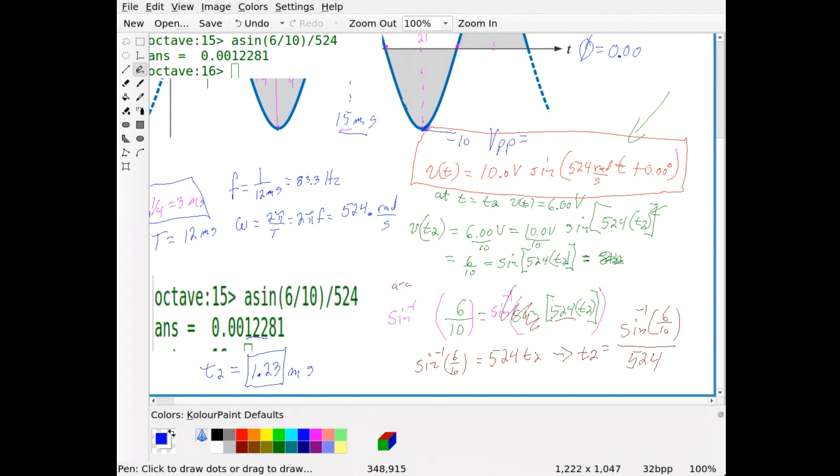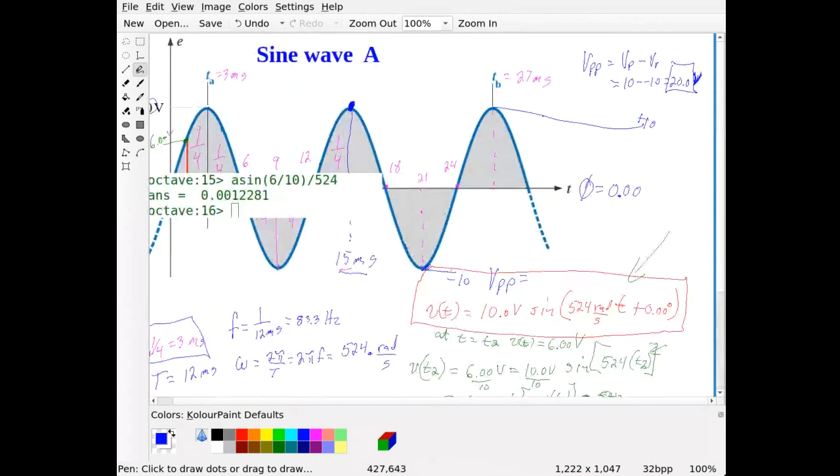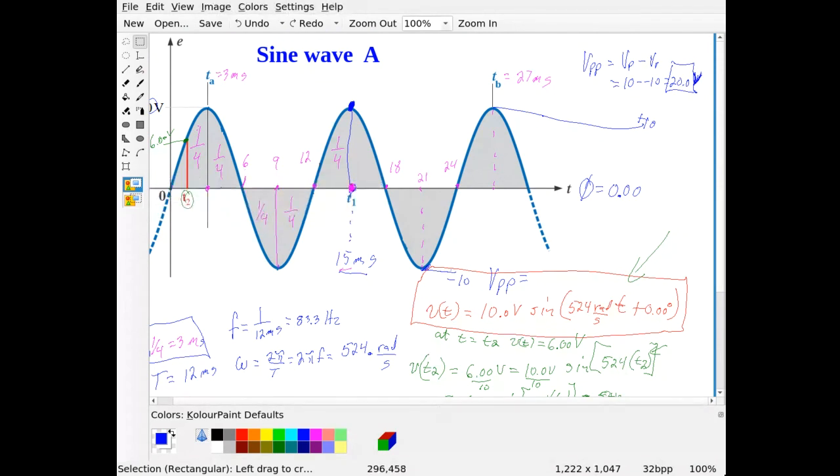Now one thing to double check is, does that make sense? Remember, looking up here in the problem, in the sine wave, this is 0 milliseconds, and this is 3 milliseconds.